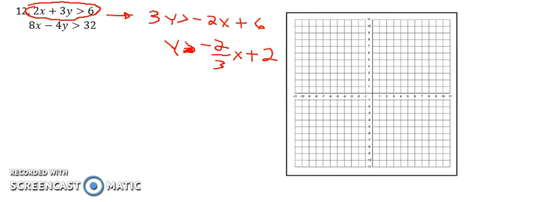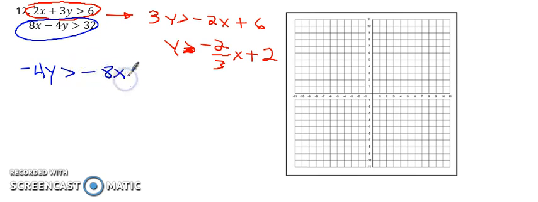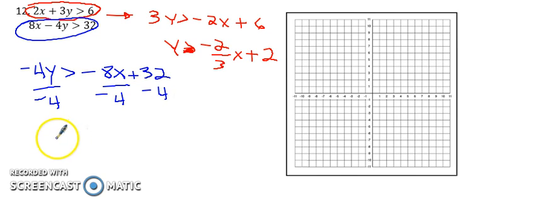We also want to graph this one here. And I'm going to subtract 8x from both sides. And I have 4y is greater than minus 8x plus 32. So from here, if I divide everything by a negative 4, I have y.